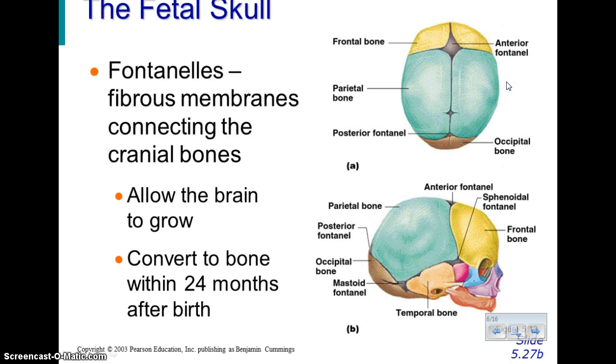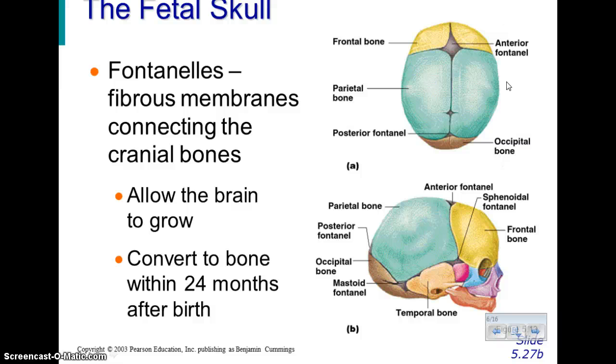The fetal skull also has soft spots, as we call them, and these serve a number of functions. First of all, they allow the bones of the skull to move past one another a bit during the birth process. These fontanelles, or soft spots, are fibrous tissue that connect the cranial bones to one another.